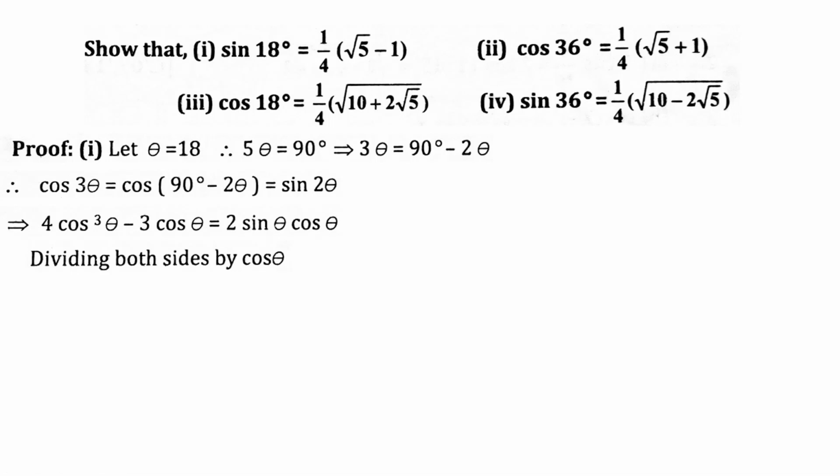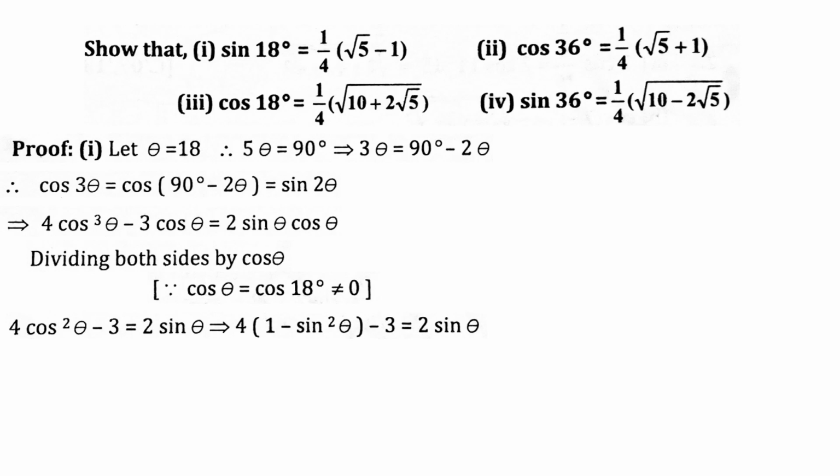Now dividing both sides by cos theta. Since cos theta equal to cos 18 degree not equal to 0, we can divide this by cos theta. 4 cos square theta minus 3 equal to 2 sin theta.